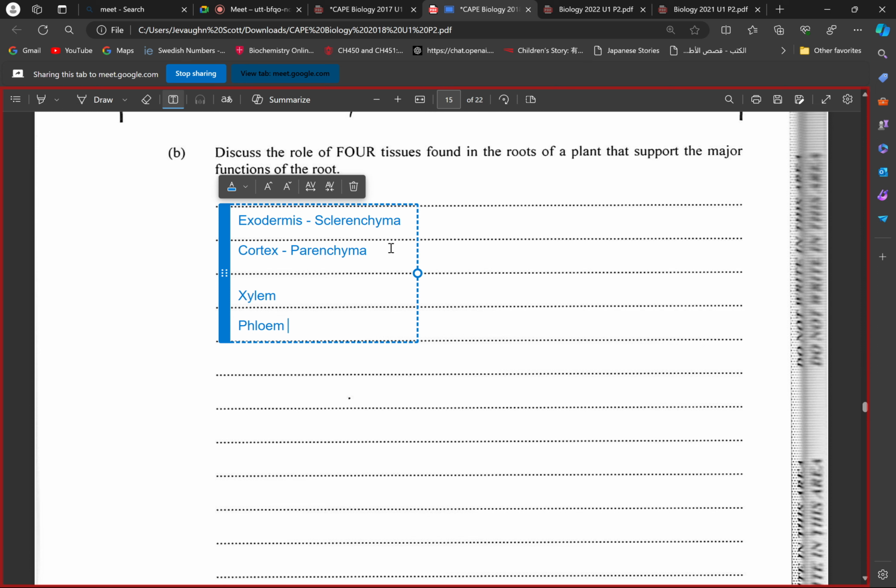We know that the exodermis, or the epidermis, will cover the root and have projections of sclerenchyma within the walls of the root, producing root hairs. You could speak about the role of the exodermis as it lets in water, and the endodermis can also let water into the root.